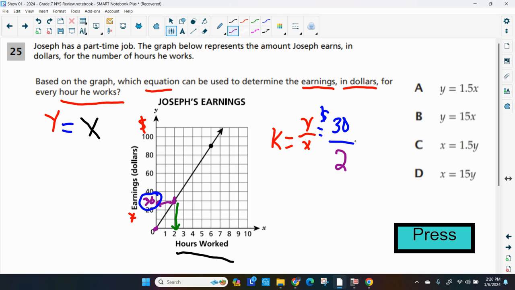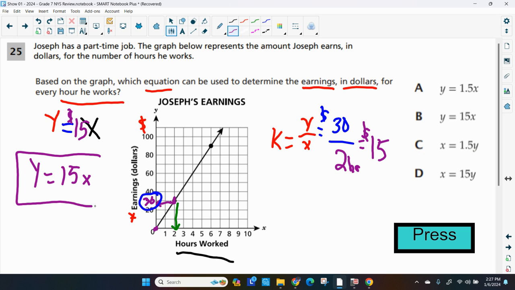30 divided by 2 is 15, and that's dollars per hour. $15 per hour. So we put that right here, and I'll write it out. Y is equal to $15 per hour, X. So there is your equation.